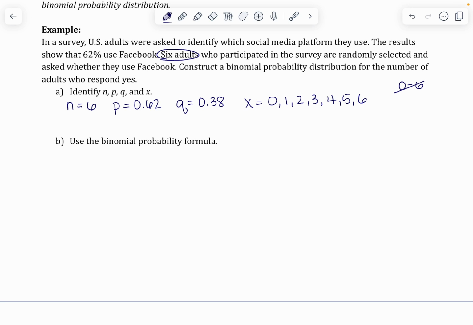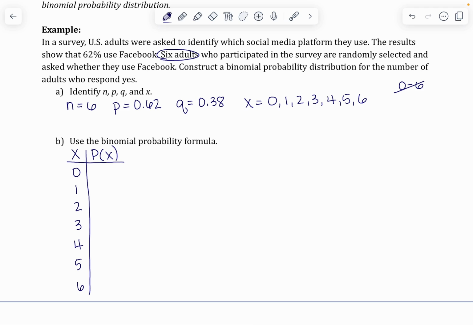All right, remember our binomial or our distribution tables. We have our X and we have our probability. So our X's are just going to be the ones we just listed: 0, 1, 2, 3, 4, 5, and 6.